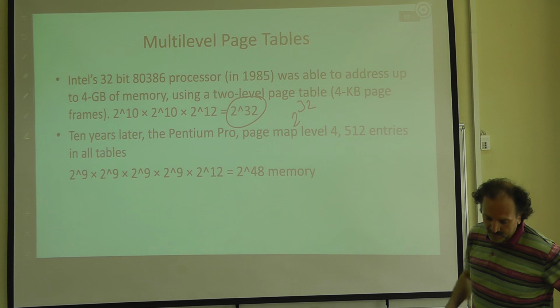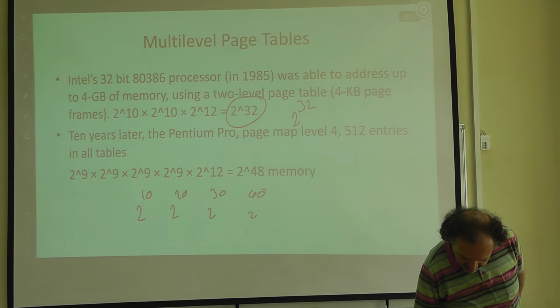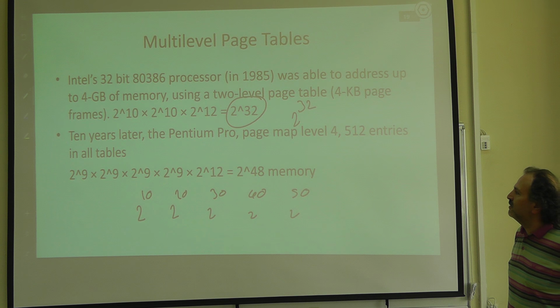So 2 to the 10 is kilobyte, then megabyte, gigabyte, terabyte, and this is the petabyte. So it is very close.